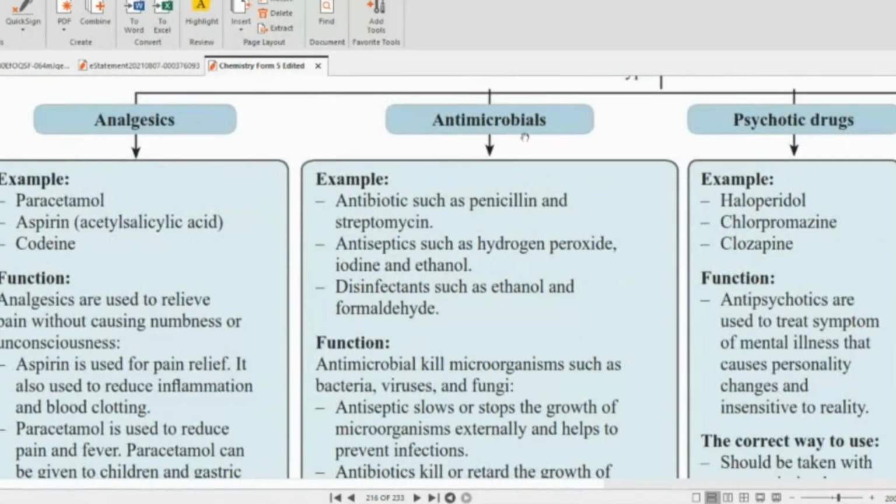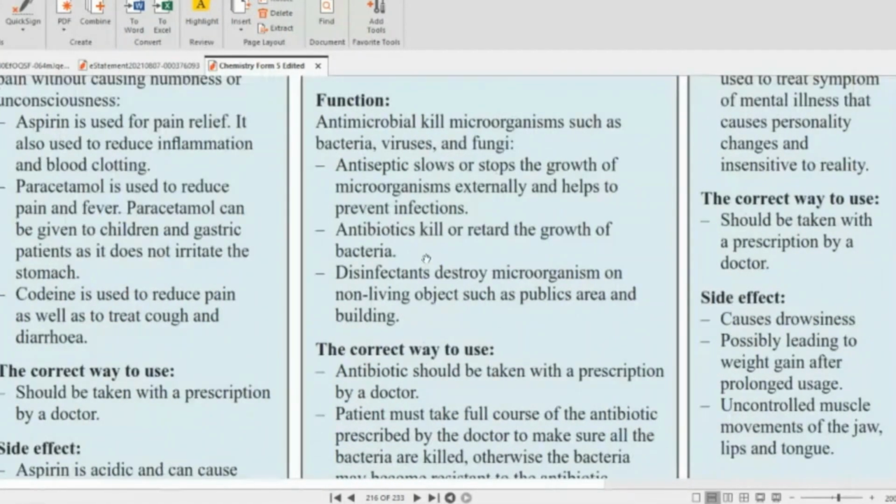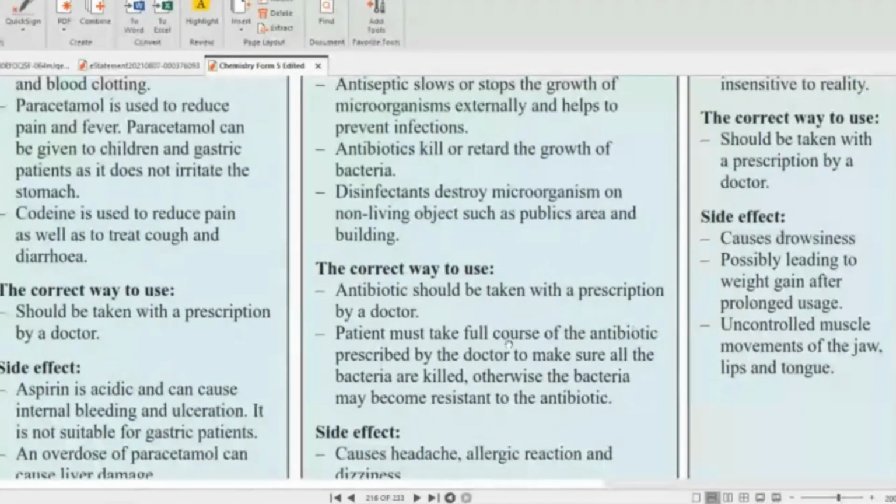For antimicrobials, inside this one, antibiotics should be taken for the full course, finish all. Why? To make sure all the bacteria are killed, otherwise the bacteria may become resistant to the antibiotics. Actually, in reality, in the market, there are not many types of antibiotics.